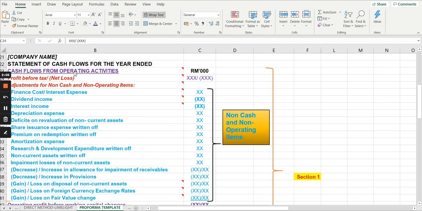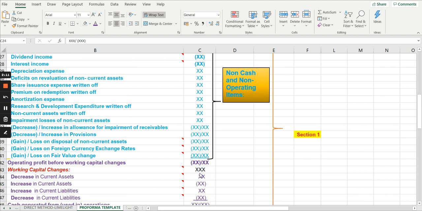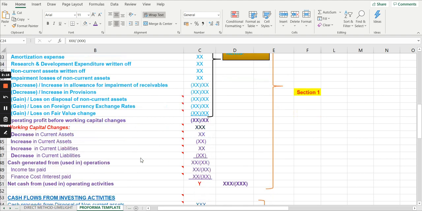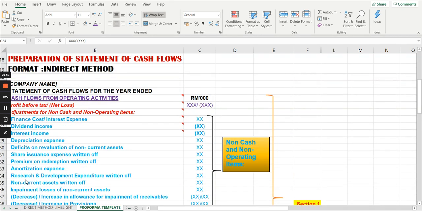However, the total starting from operating profit before working capital, starting from cash generated from operation, is exactly the same as compared to the direct method. So basically, we are going to just focus on the preparation under the operating activities.